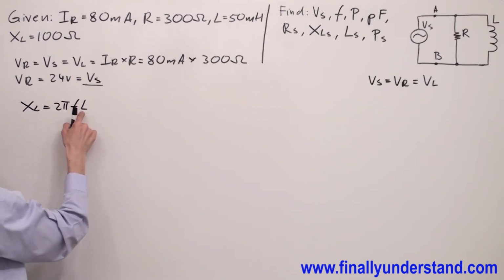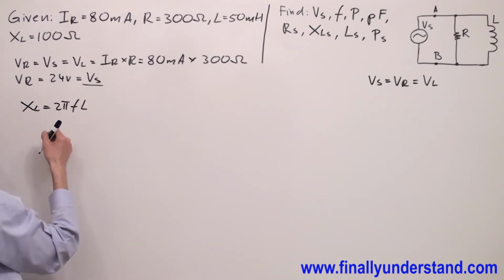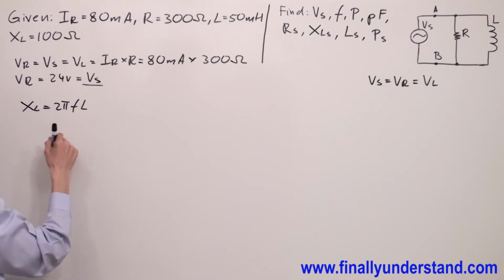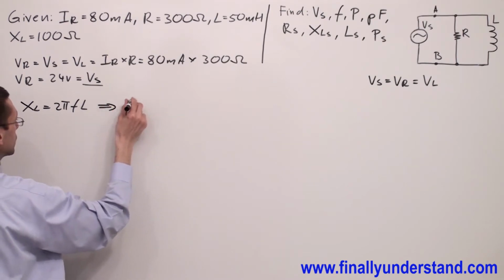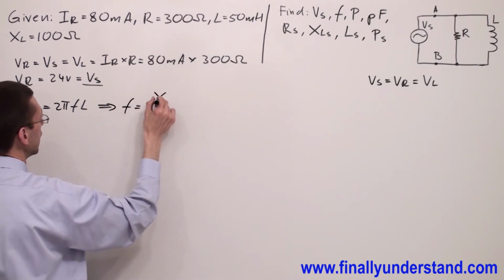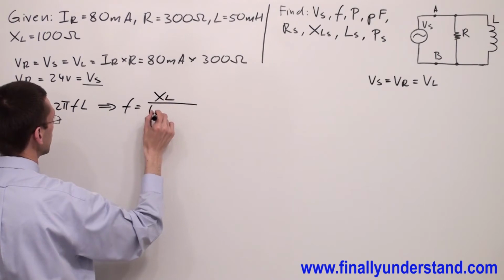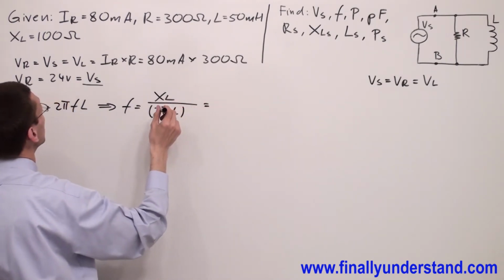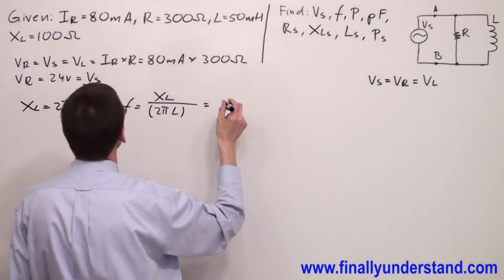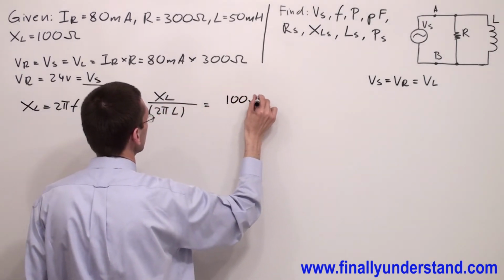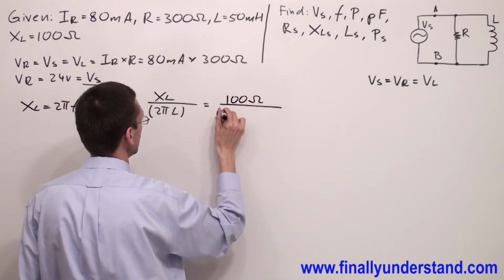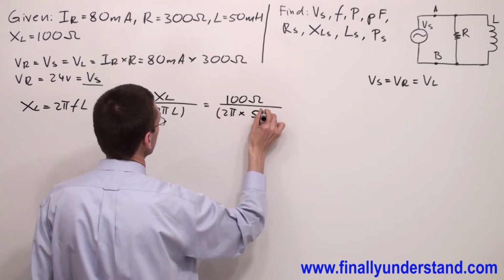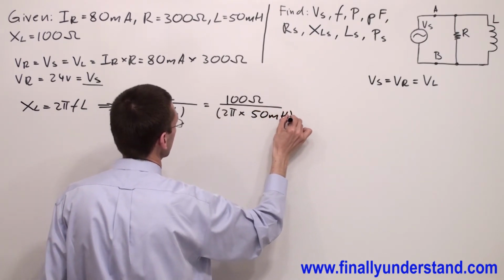We have the inductance, we have X of L, so we can find F by solving this formula for F. So F is equal to X of L over 2 pi L. X of L is equal to 100 ohms over 2 pi times L, which is equal to 50 millihenries.